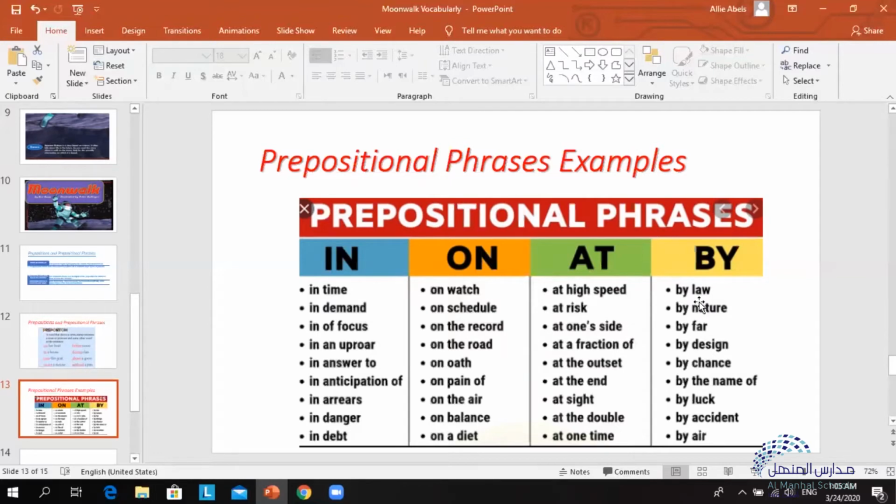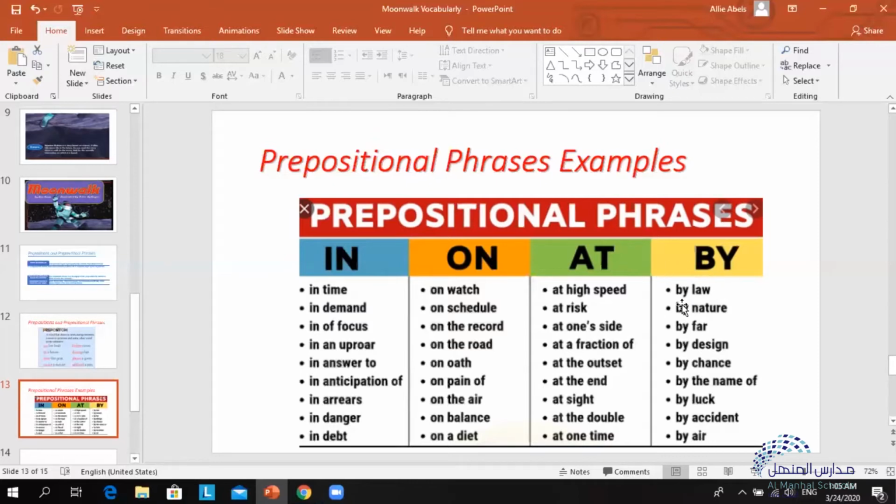And in the last list of examples, we have the preposition by. Okay, so in this prepositional phrase, we have by as the preposition and law as the object of the preposition.